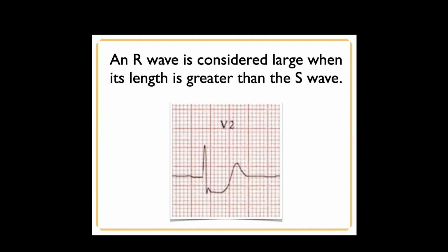As long as there is enough criteria on the 12 lead to open up the cath lab, like an inferior STEMI, then what difference does it make to us if there's a posterior STEMI? So I would not take the time, even if I suspected a posterior STEMI, to move the leads around to the back, because I don't think it's worth the time. It doesn't change your treatment if you're going to the cath lab. Okay, does that make sense to everybody? Good.